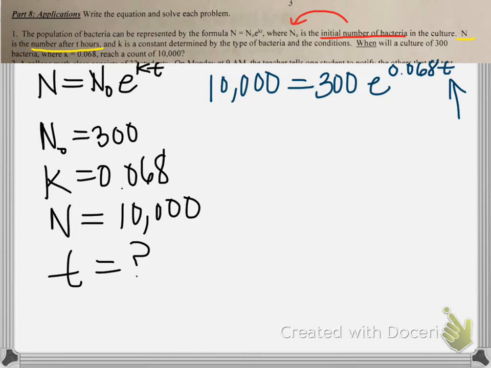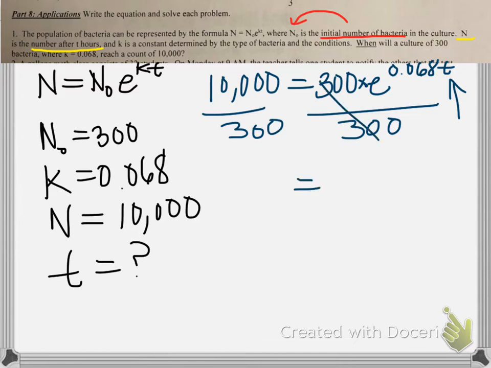Well, first we have to move things around. So notice that 300 and 10,000 are numerical values, so we're basically combining like terms. Because these are multiplying, I have to divide by 300 in order to move it to the other side, right? And when you're dealing with this type of math, you don't want to round.